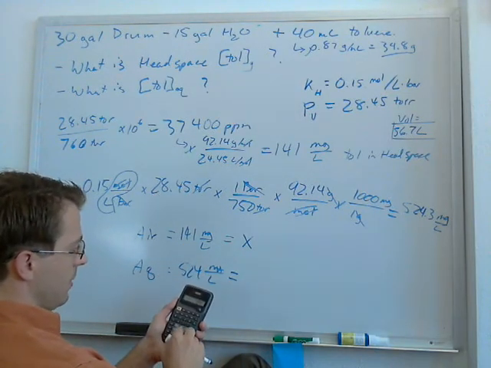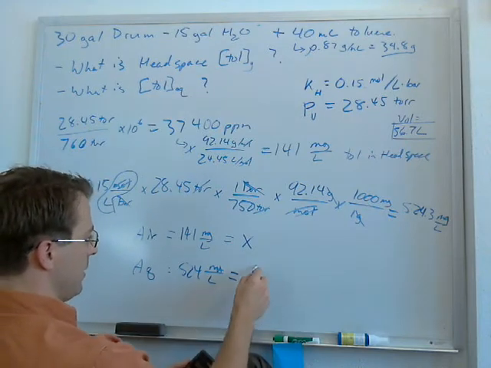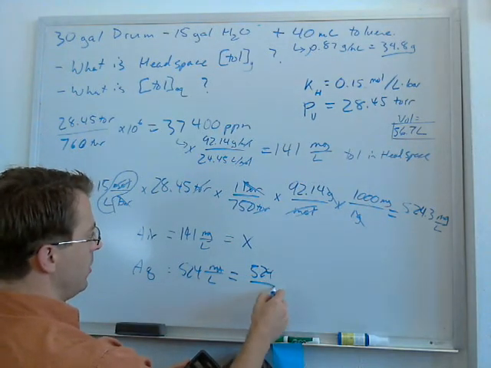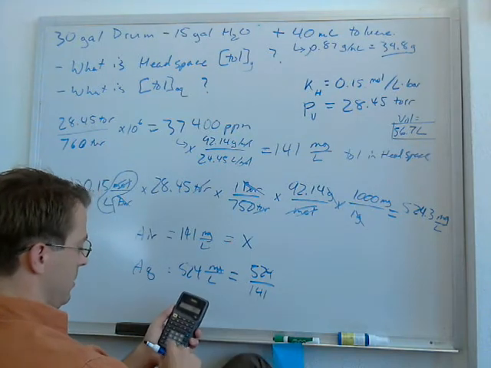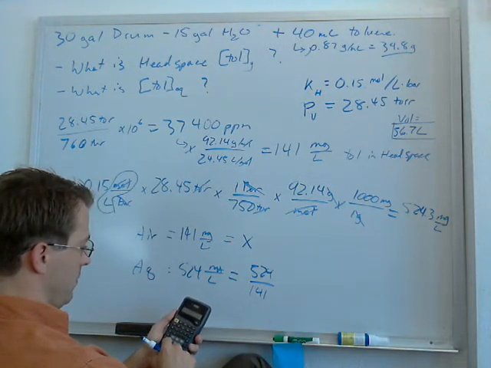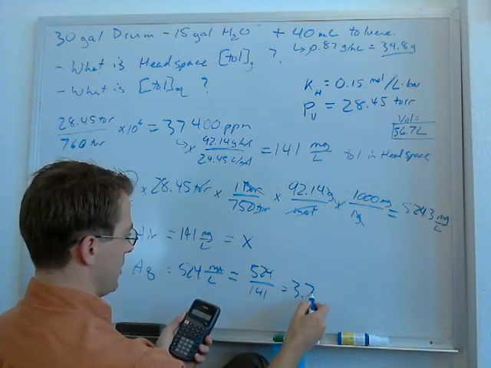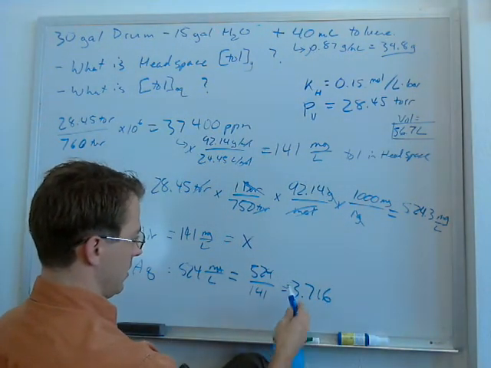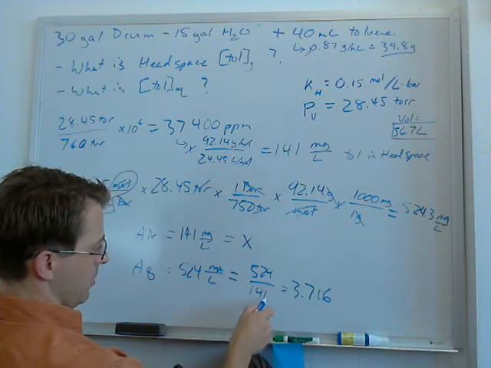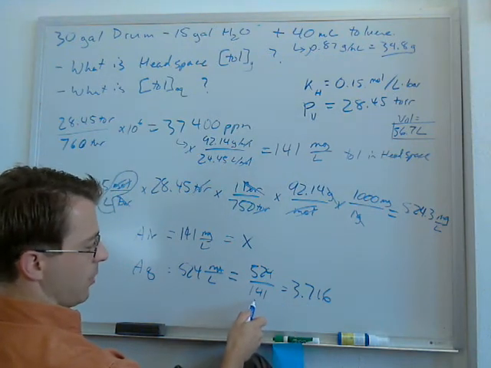So we can calculate that pretty simply by saying 524 divided by 141. So 524 divided by 141, and that equals 3.716. So this is 3.716 times larger than 141.